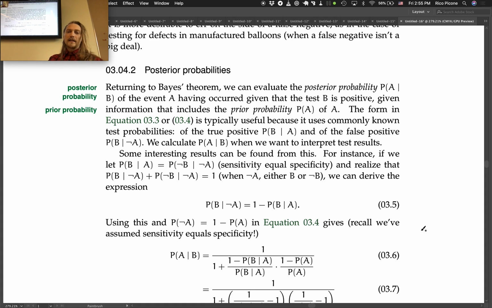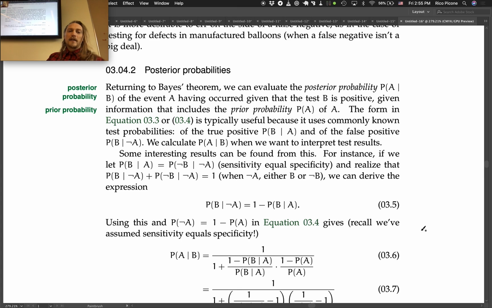And realize that the probability of B given that not A plus the probability of not B given that not A equals 1. So when the actual event is not A, we have to either have the test come out positive or negative, right? So those probabilities have to add up to 1.